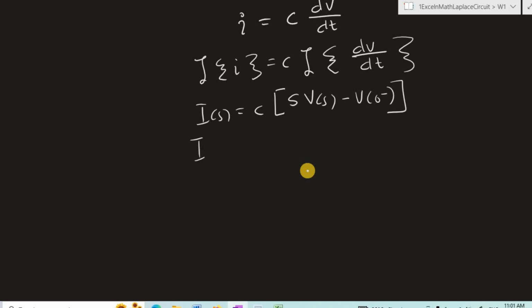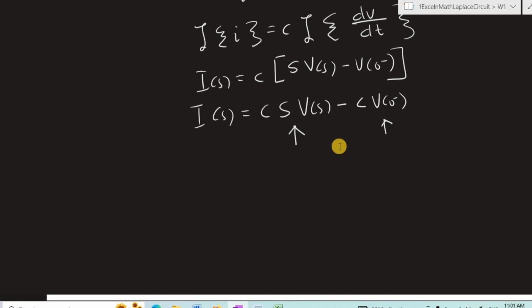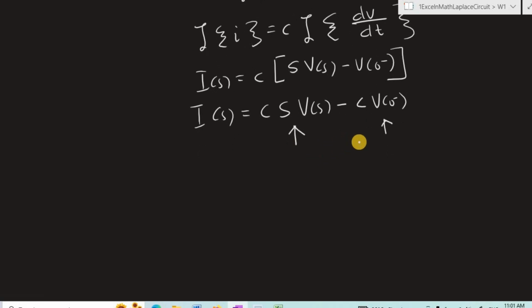Simplifying the right hand side of the equation, we get CS V of S minus C V0 minus. Now this term here is a current source, and this one is the current flowing through the capacitor.